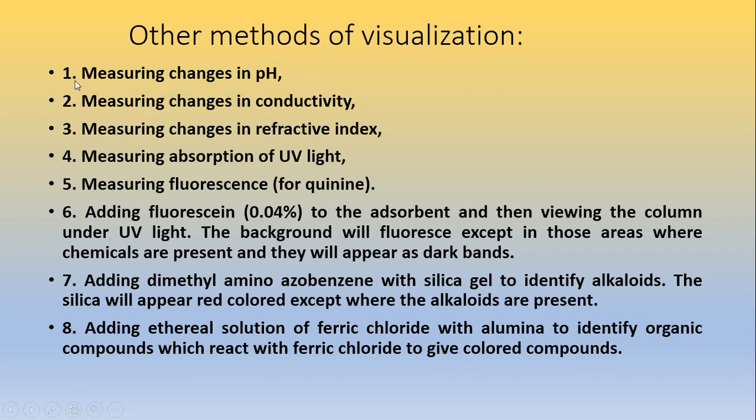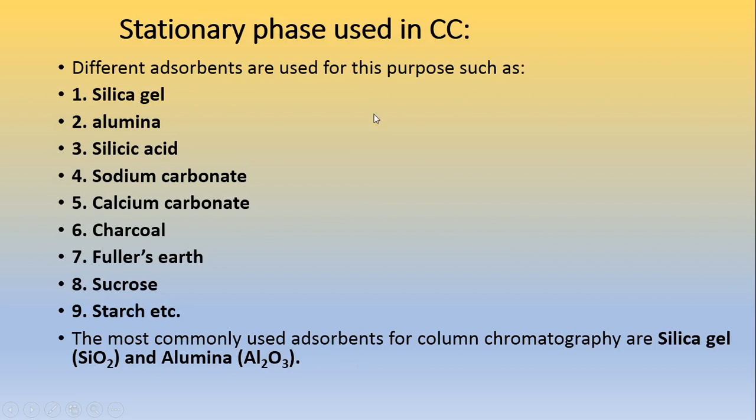If we observe, the first one is a physical method, the second is also a physical method, the third one is a physical method, the fourth one is also a physical method, the fifth one is also a physical method, the sixth one is also a physical method, but the seventh and eighth are chemical methods, where these both reagents react with the compounds inside the column.